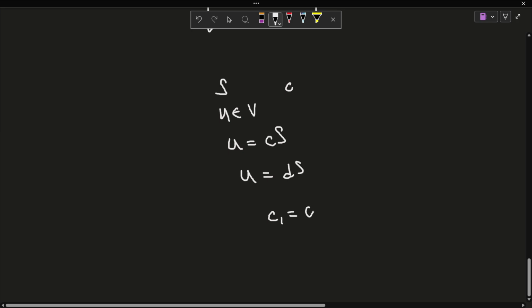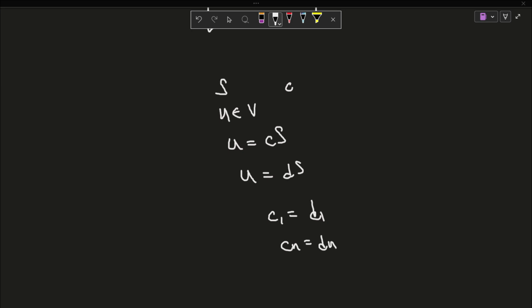C1 is going to equal D1 and Cn is going to equal Dn. They are one and the same. And since the vectors in a basis are linearly independent, there's only really one way to represent it, which you can try and prove, but a lot of it is just intuition.